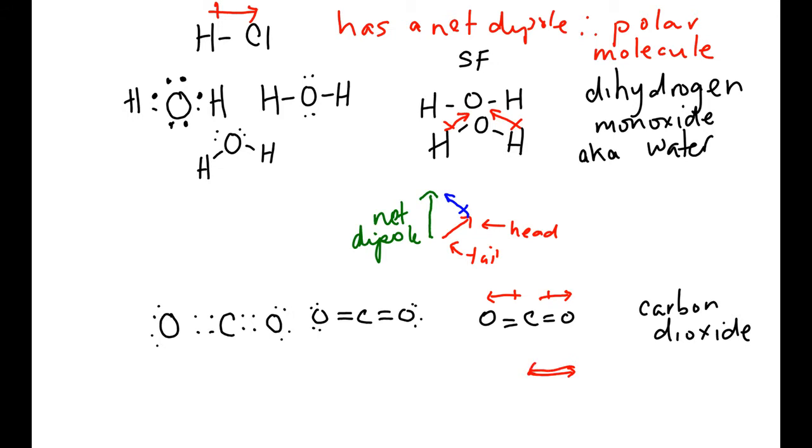So there's no net dipole. Therefore, the molecule itself is nonpolar. I mean, a nonpolar molecule. No net dipole. All right, so in general, covalent compounds do not conduct electricity.